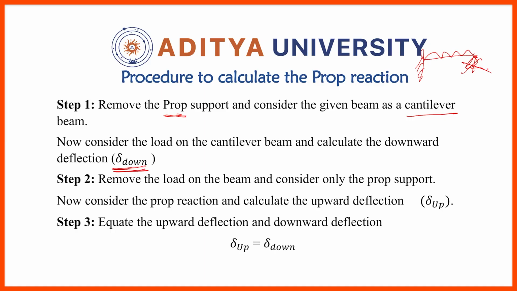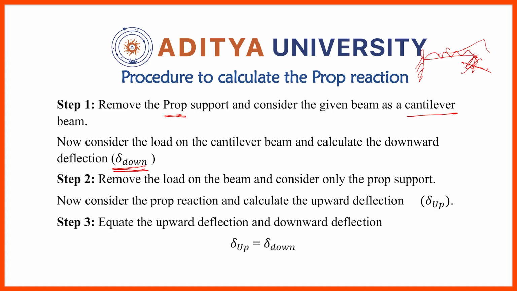It's just a procedure; when I explain with an example, it will be very clear. Just listen to the procedure. So I remove the prop reaction, consider the downward load acting on that structure, and calculate the downward deflection.